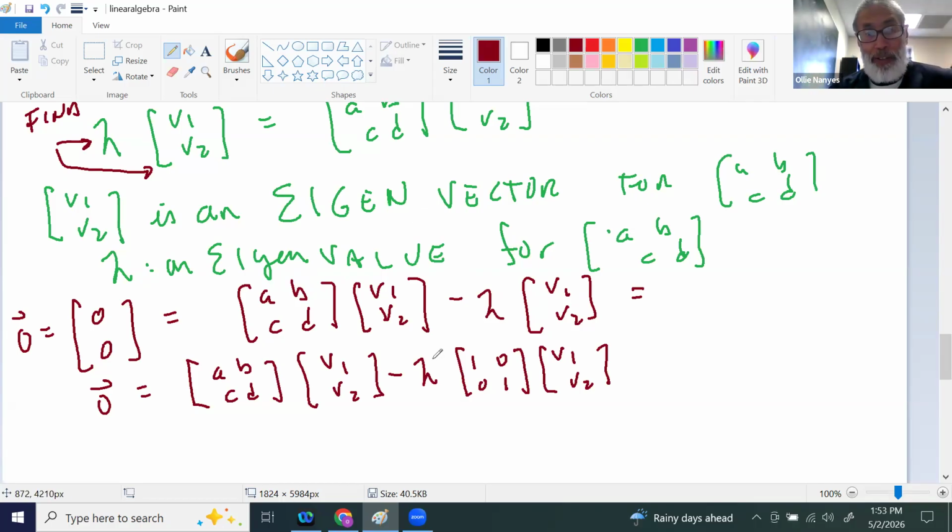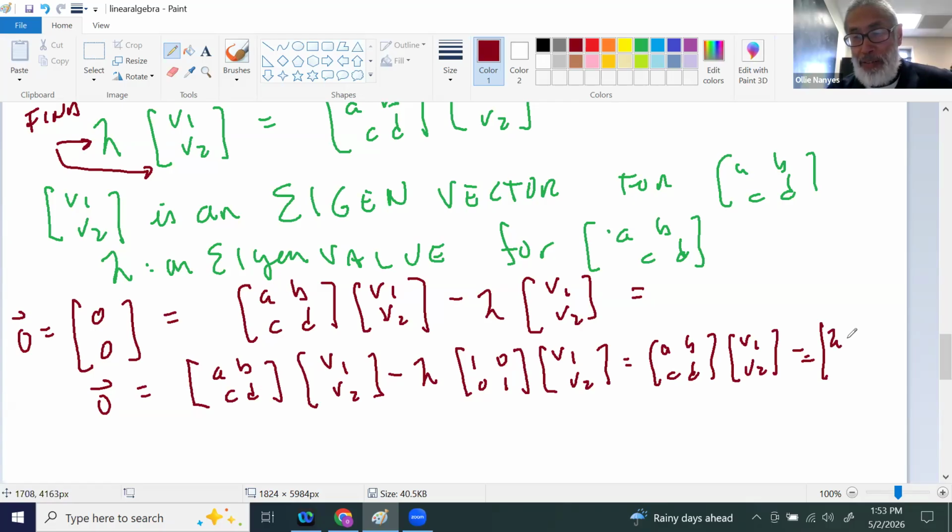Here, though, if I try to factor this out, this is really A, B, C, D times V1, V2, minus lambda on the diagonal, times V1, V2, like so. It's minus here. This is not equal. This is a minus.